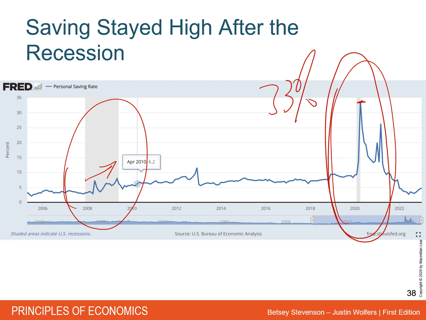That means almost 1/3 of our national income was all saved. And why? Well, because the economy was shutting down. For most people, they couldn't go anywhere to spend money anymore, right? So consumption really was limited to groceries and toilet paper. And that's why our saving rate was so high back in 2020, right?